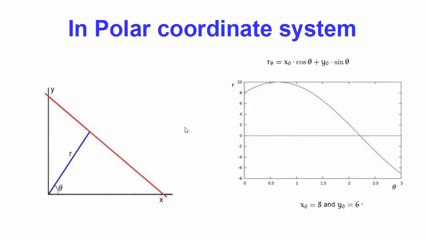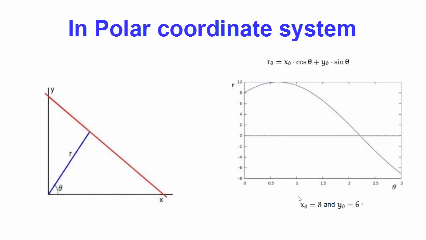As I said, the equation was r is equal to x multiplied by cos theta plus y multiplied by sin theta, where theta is the angle of the line and r is the distance from the origin to the line. So let's say we want to represent a point from xy space in the Hough space, the r theta space.